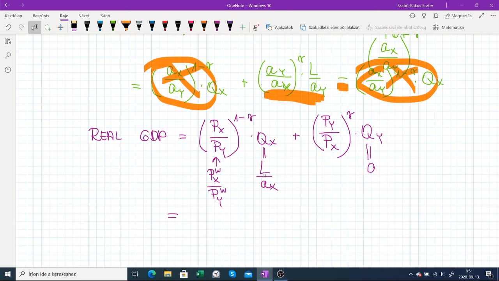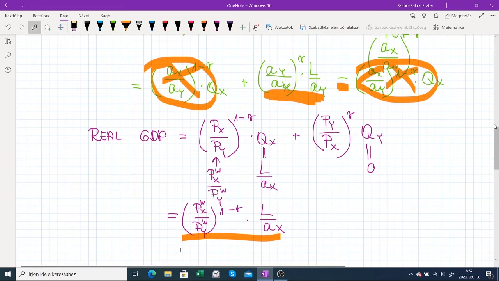Let's use this knowledge. So this real GDP is Px over Py, the world relative price, raised to the power of 1 minus gamma times L over Ax. This is the real GDP for a small open economy.